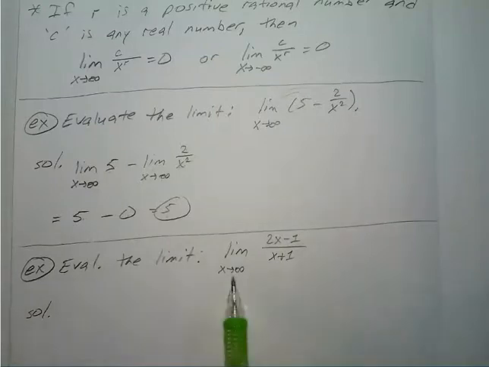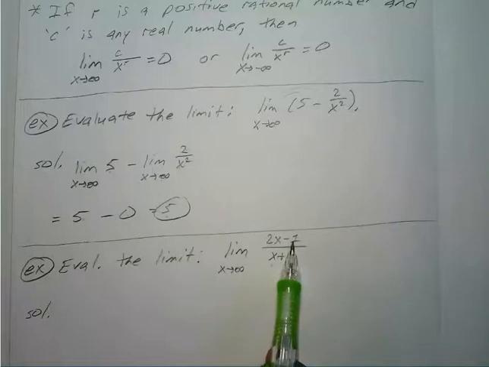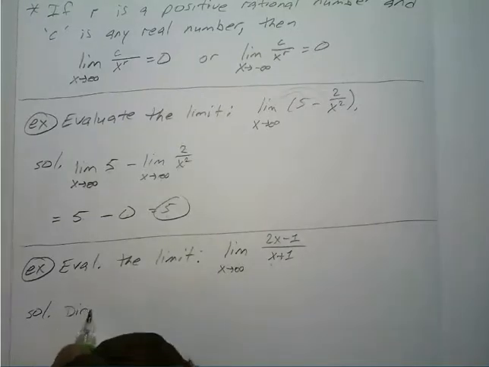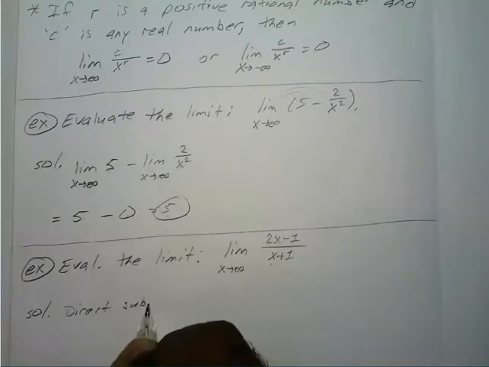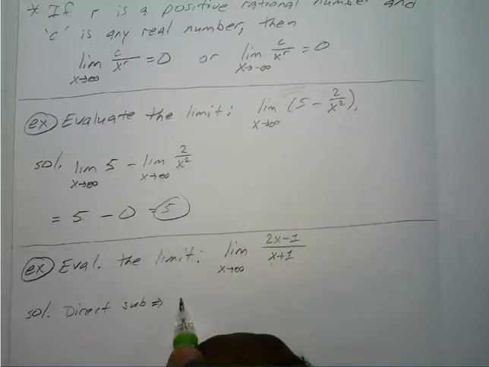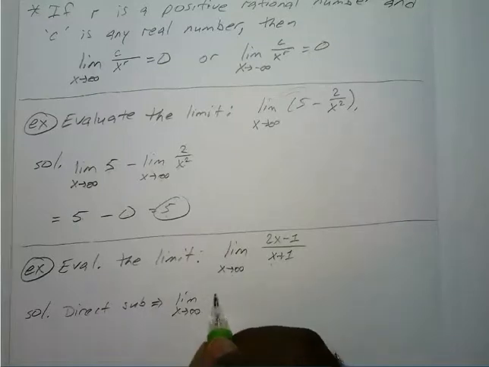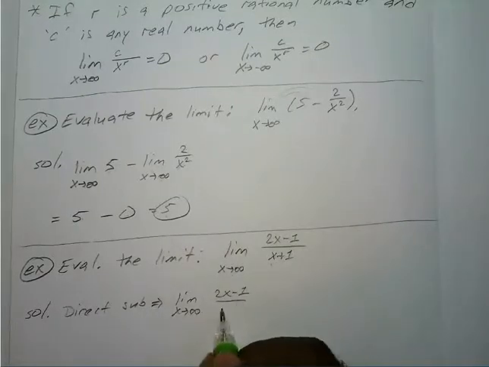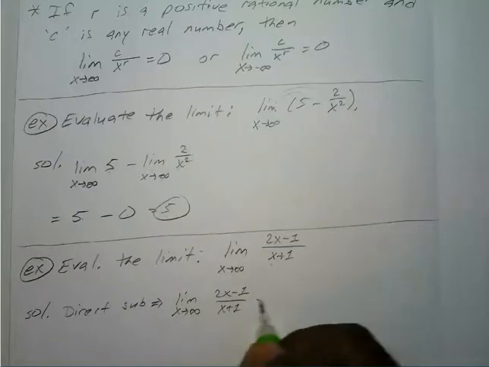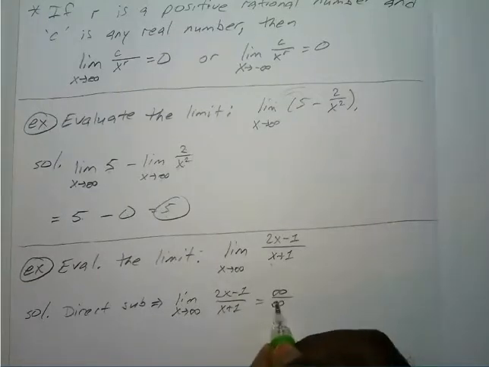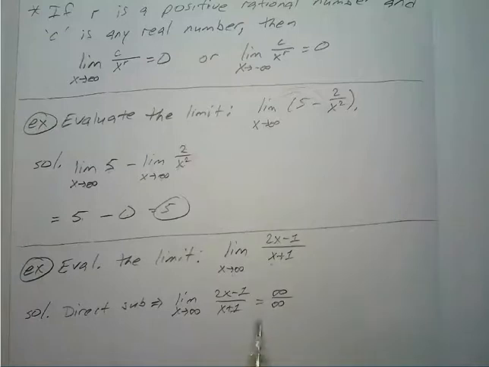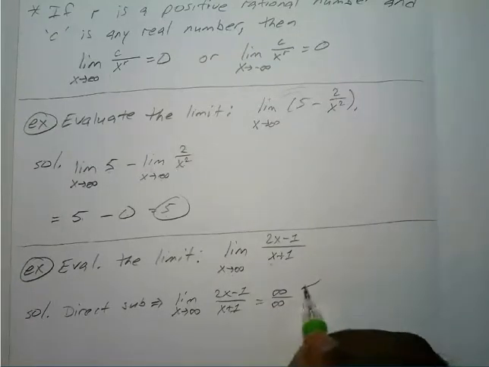Now, if you just tried plugging in infinity, you can't really do it, because you have 2 times infinity minus 1, which is still pretty much infinity, over infinity plus 1, which is still pretty much infinity. So direct substitution gives infinity over infinity, which doesn't tell you a thing. This is actually an indeterminate form, which we will cover later.